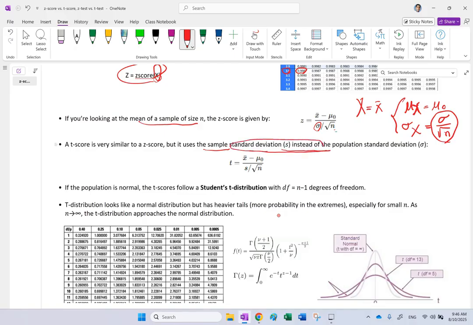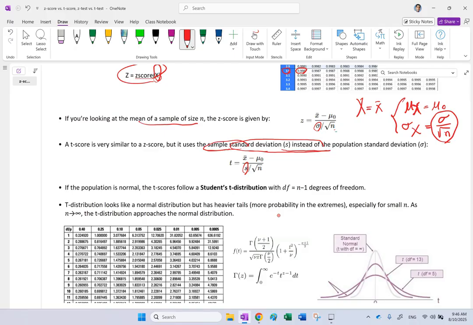So here you use the standard deviation of the sample, S, instead of sigma, and you calculate what we call the t-score. Now, you might say, why do we call it t-score? If they are almost identical, you replace sigma by S. Why do you call it the t-score? Because they are almost the same thing.